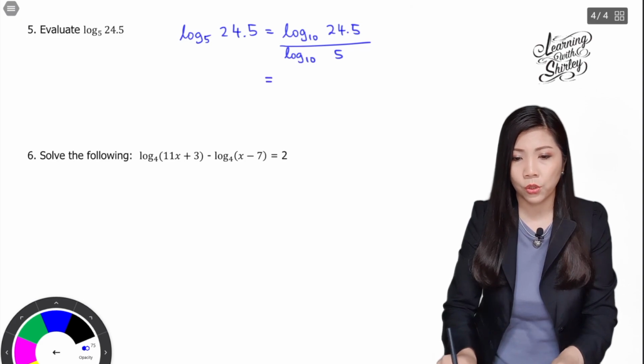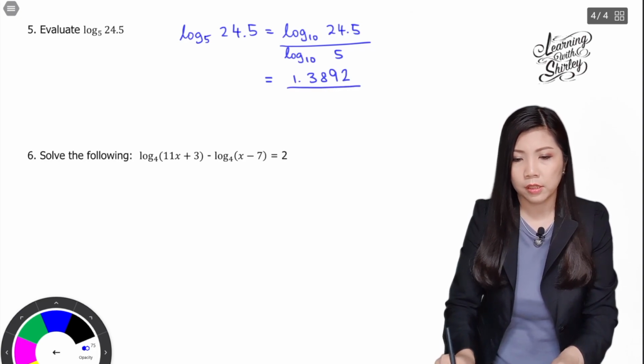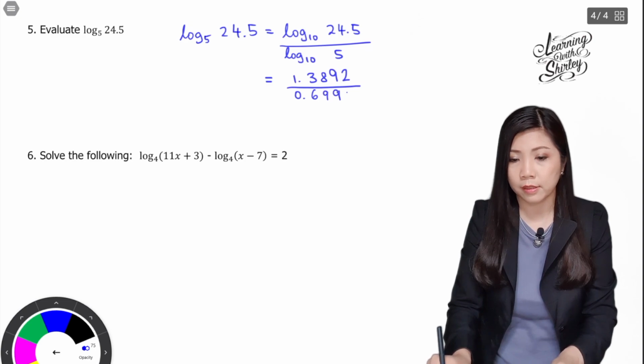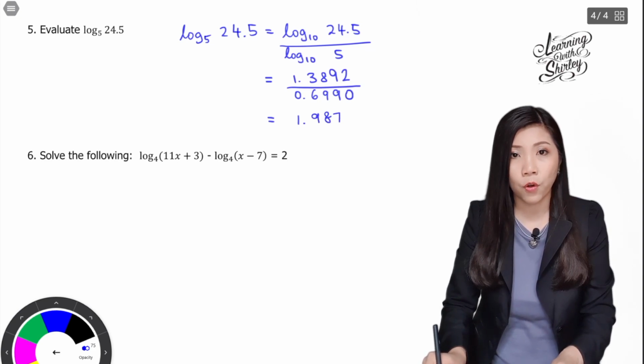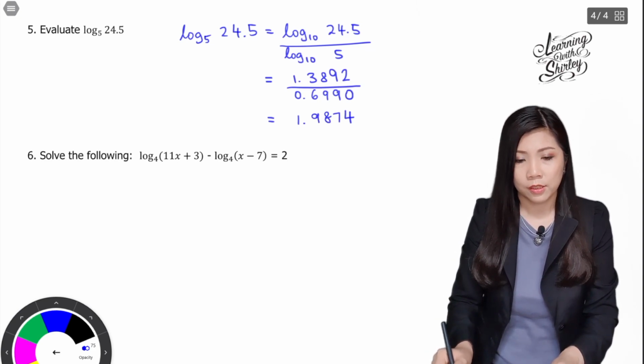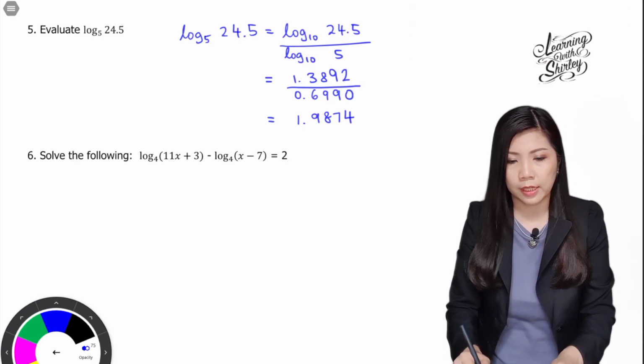Pressing the calculator, you get 1.3892 over 0.6990. So we'll get 1.9874.